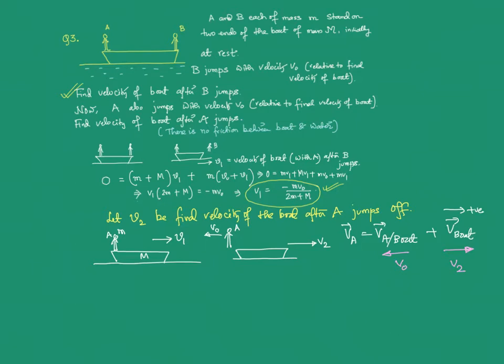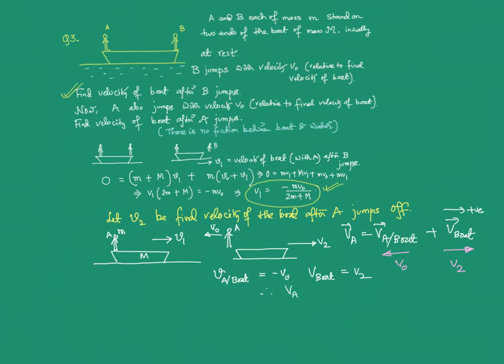So v A with respect to boat is v naught towards the left, and v boat is v2. We can write with signs, not with vector symbols: as per the x-axis sign convention, v A with respect to boat is minus v naught, and v boat is plus v2.